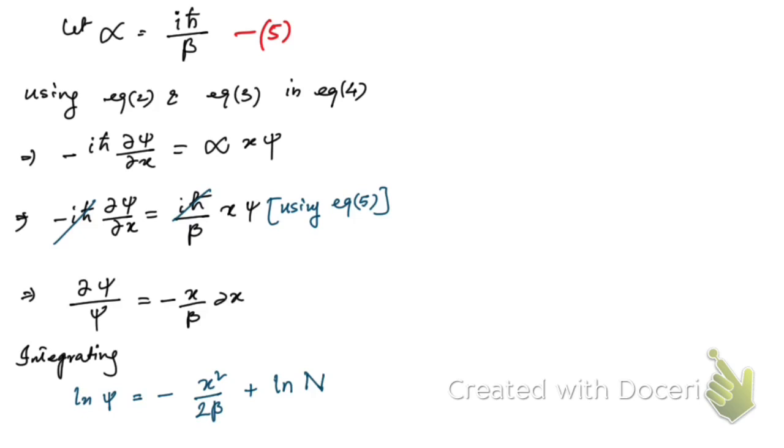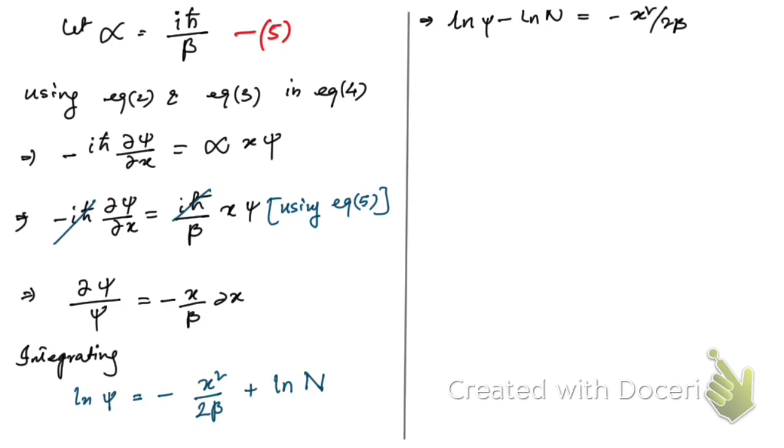Now let me divide the screen. Let me simplify the last step. ln psi minus ln capital N is equal to minus x square by 2 beta. If we apply the property of log, that log m minus log n is equal to log m by n.